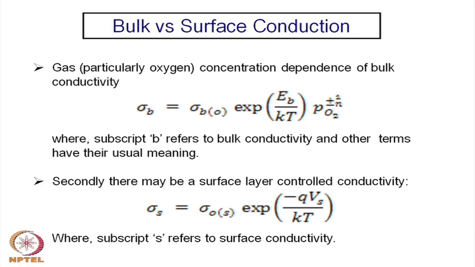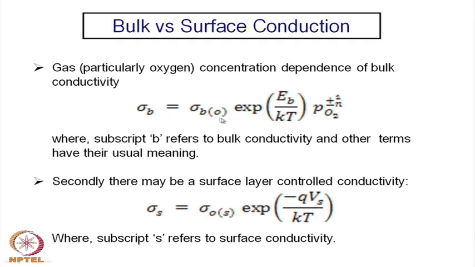So, there is exchange, there is an equilibrium of the oxygen concentration or oxygen partial pressure, or in other words oxygen potential, between these two, the solid and the gas. So, there is a solid-gas exchange, and you will always get a PO2 dependence of the conductivity. So, particularly when they are non-stoichiometric oxides, you will get a PO2 dependence.